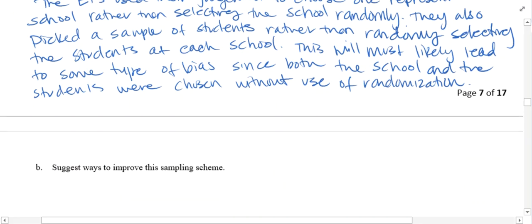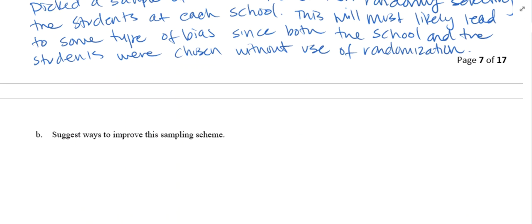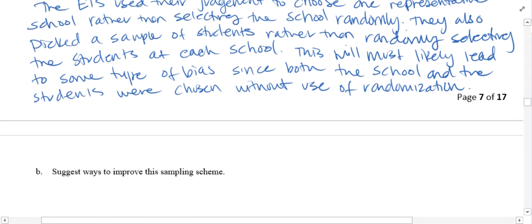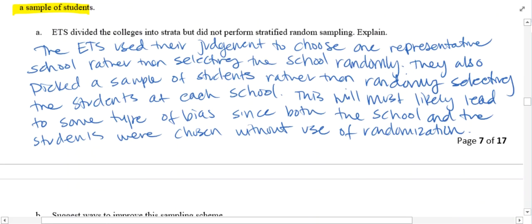Okay, so the follow-up question is on the next page. Suggest ways to improve this sampling scheme. Okay, well, actually, this isn't just stratified random sampling, because if they randomly select a school, which they should have done, and then randomly select a sample from that, what is that called?